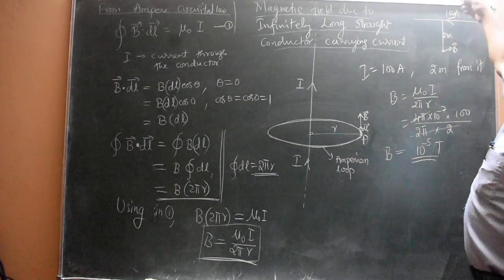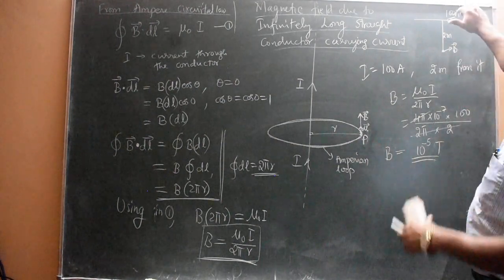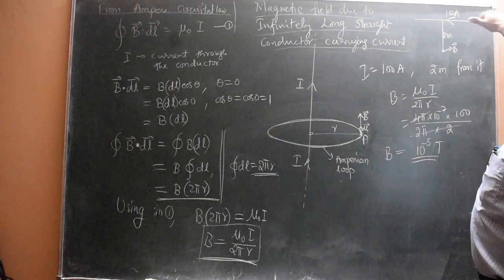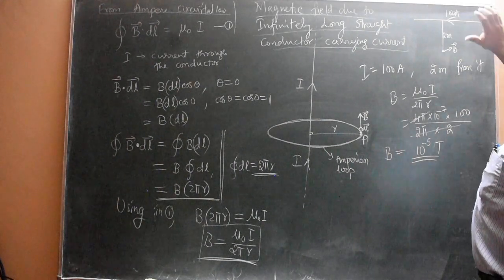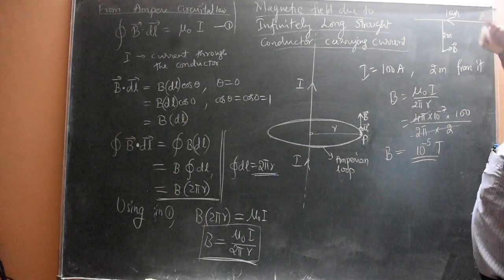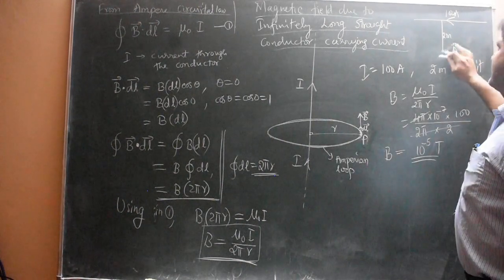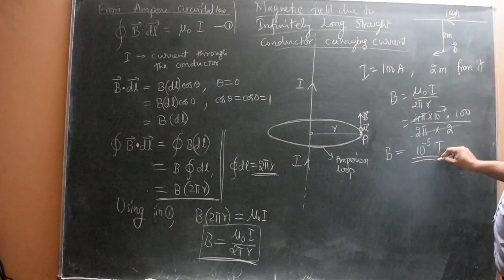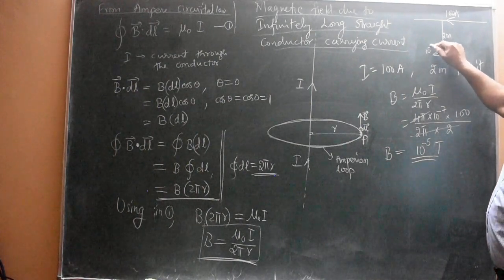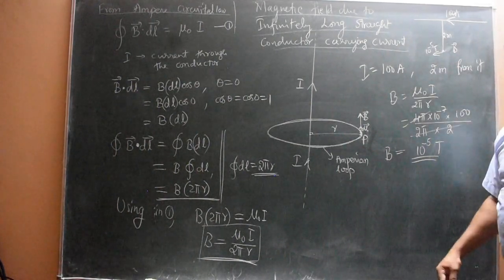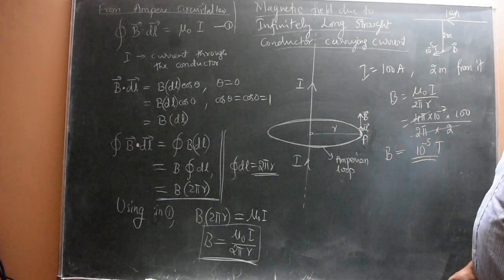The field lines form a circular loop, so we use the right hand rule to find the direction. Current is flowing like this, and the magnetic field goes inside and comes outside like this. The magnitude of the magnetic field at a distance of 2 meter is 10 power minus 5 Tesla.